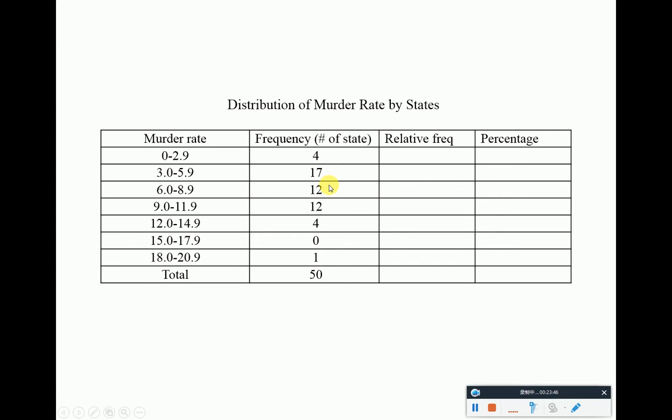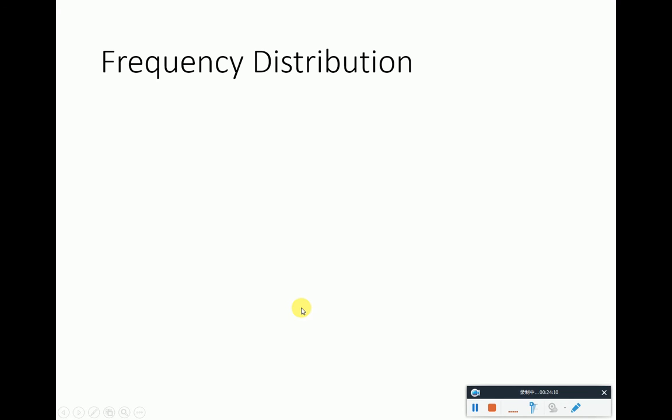Okay, that's the largest number compared to all the rest. And I verified that these numbers are correct by summing them up, and the sum is 50. Okay, so this is also a distribution, and this tallies how these intervals are distributed across the 50 states.